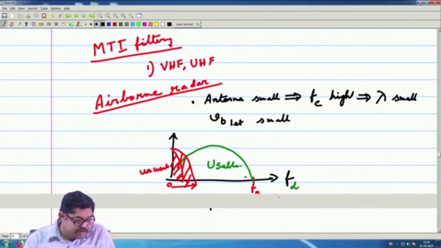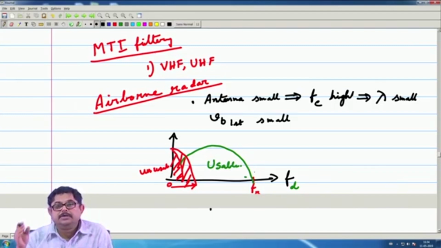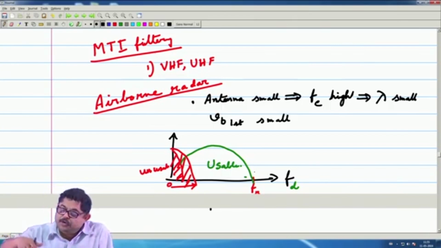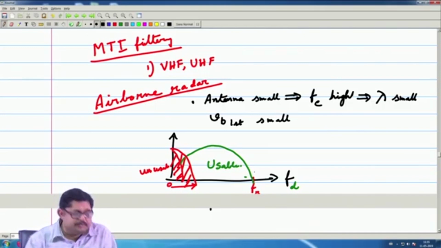Also, pulse radar means the whole spectrum gets repeated at FR. So a lot of clutter from other spaces folds over here and makes this usable space less, or degrades the SNR.